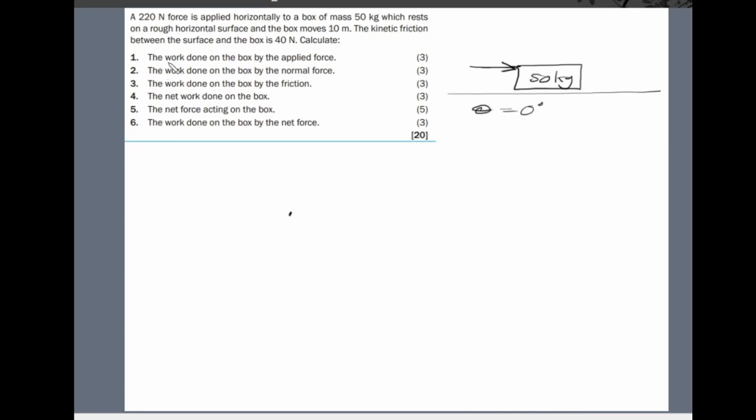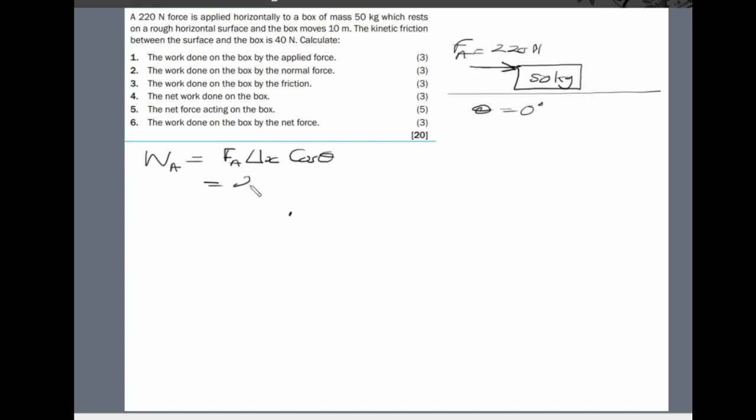So now they want us to calculate the work done on the box by the applied force. We know that the applied force is equal to 220 newtons. So the work done by the applied force will be equal to the applied force times the displacement of the object times cos of the angle. The angle is the one between the force and the displacement, right?